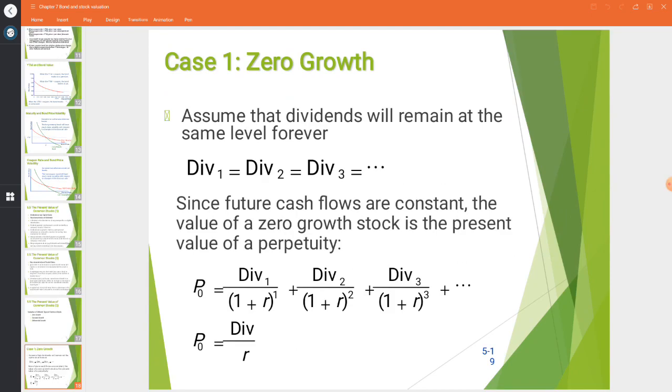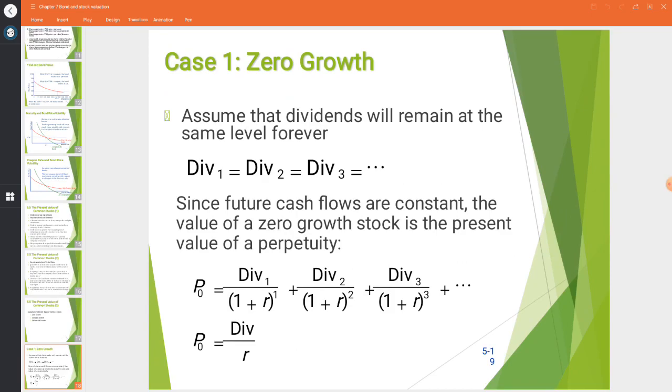In this case, we assume that DIV at the end of the first year equals DIV at the end of the second year equals DIV at the end of the third year, and so on forever.